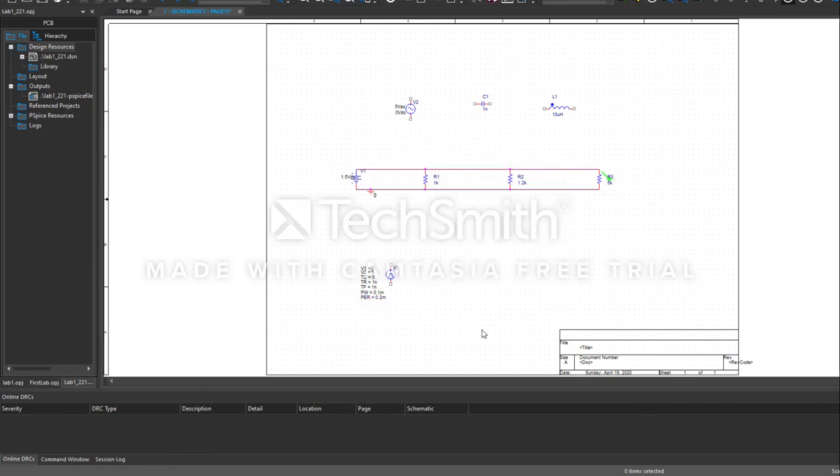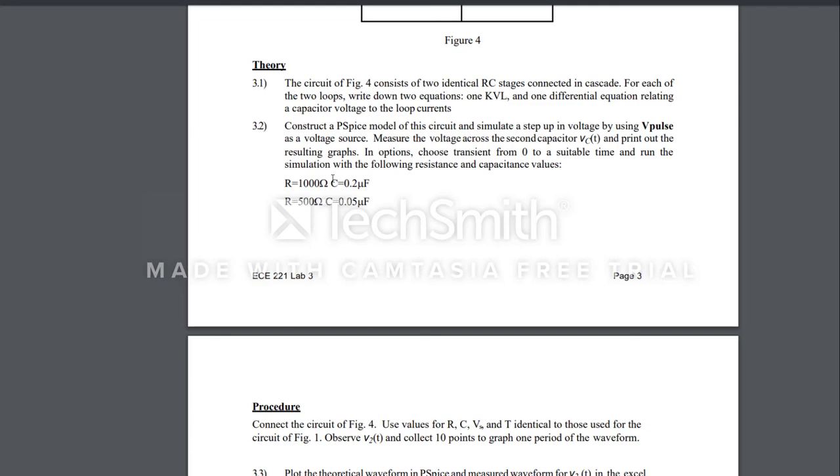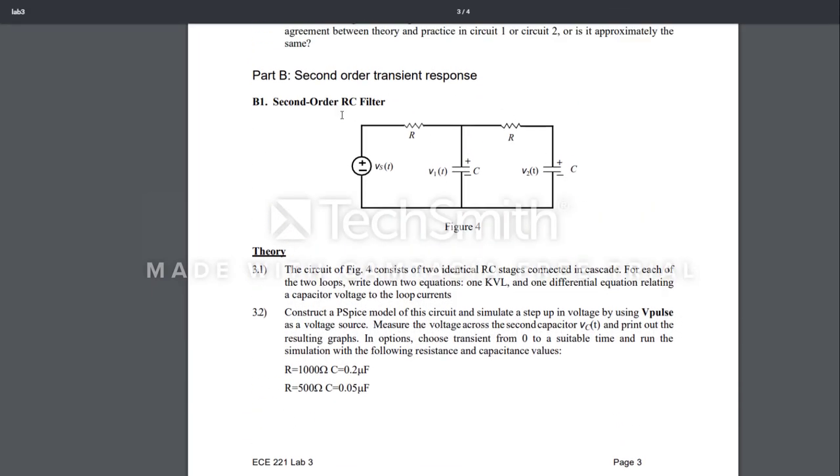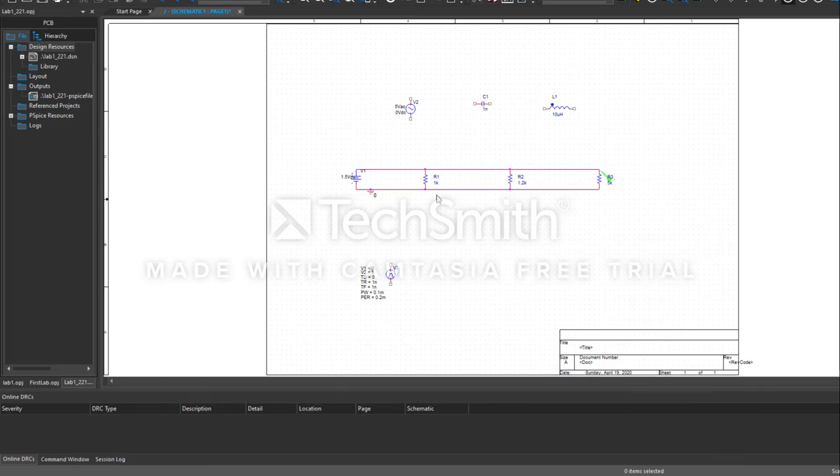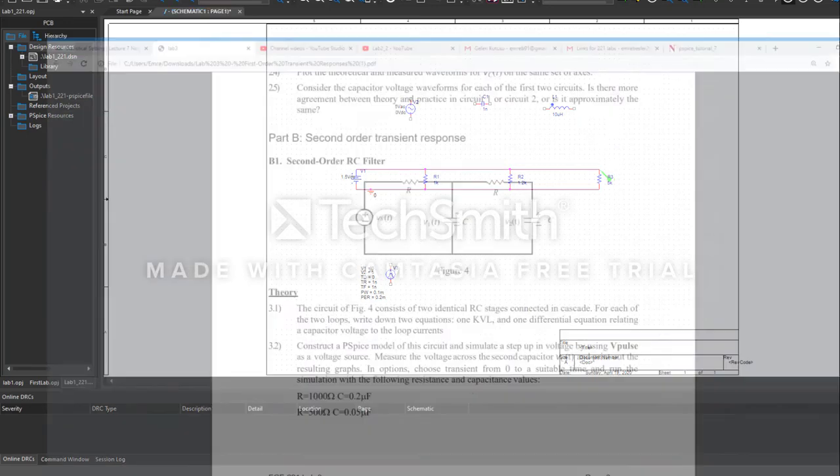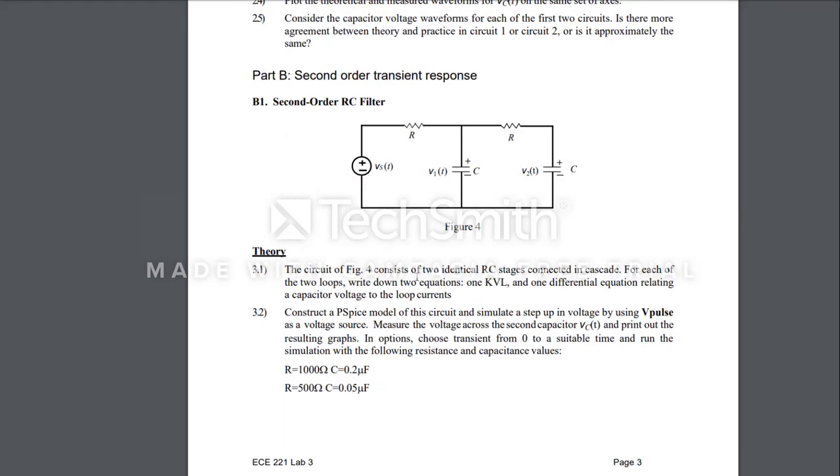All right, after setting the parameters to these values, you can connect this circuit by picking R and C components as I introduced in the first week, and just connect the circuit.